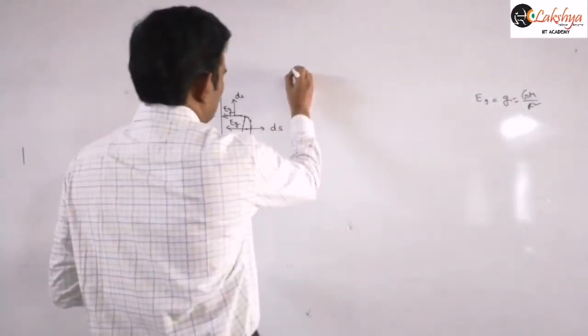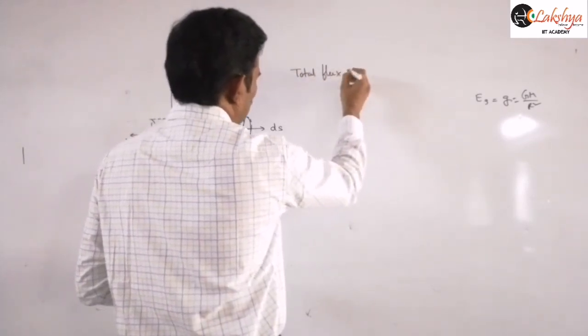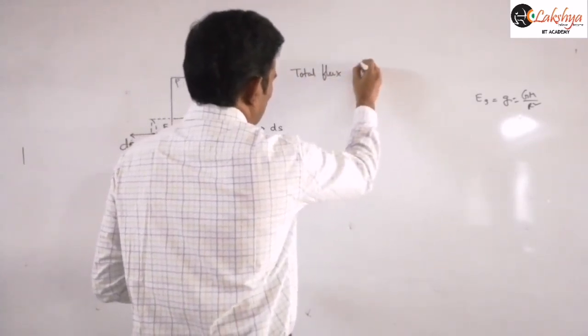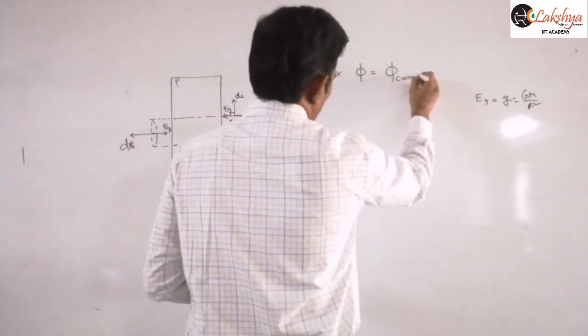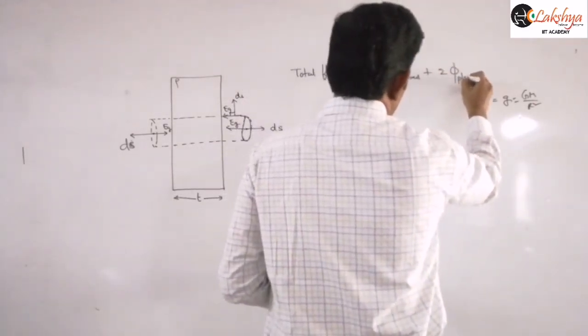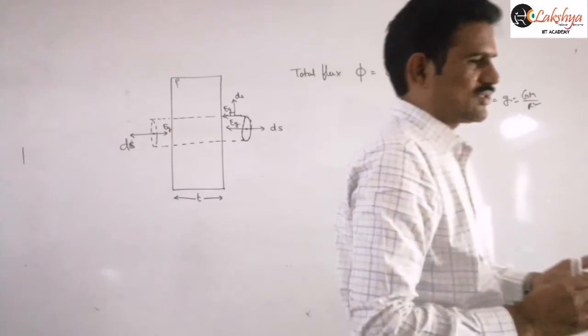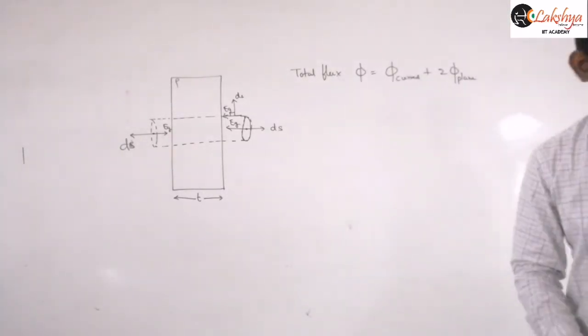So I can write the total gravitational flux as the flux through the curved surface plus 2 times the flux through the plane surface, right? Because 2 planes are there, I am taking twice the flux through the plane surface.